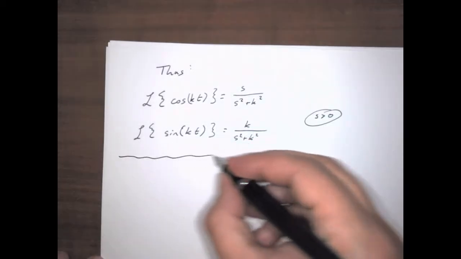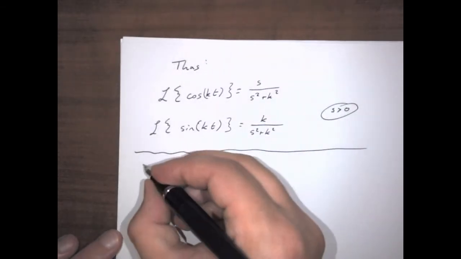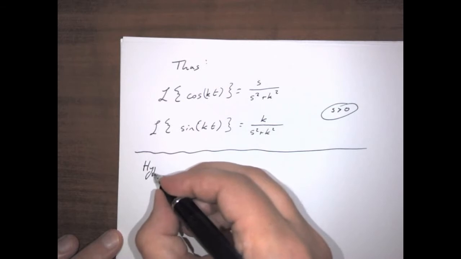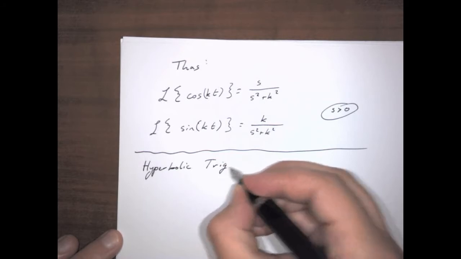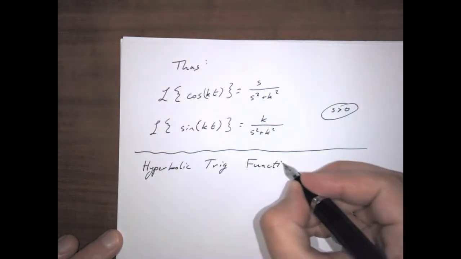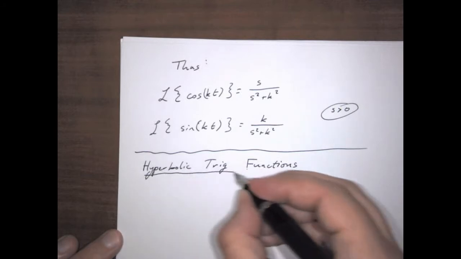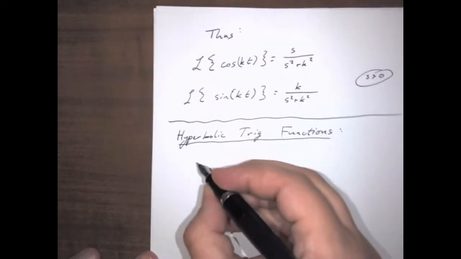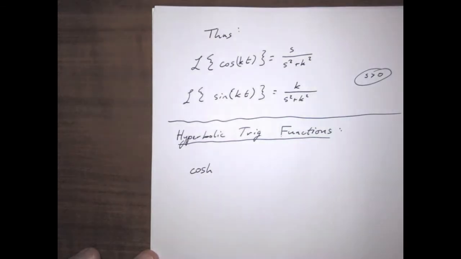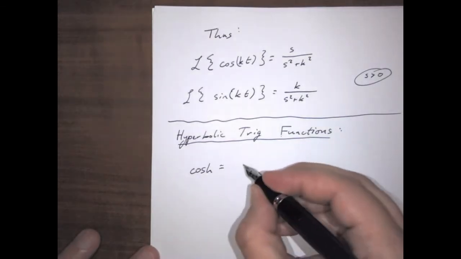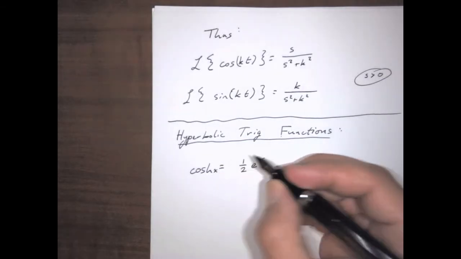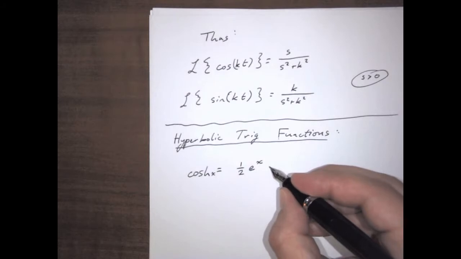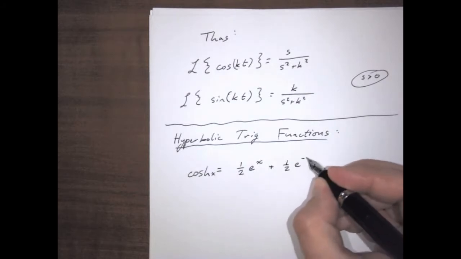Now, the next pair of functions that we're going to look at are what are called the hyperbolic trig functions. So we have cosh, which is the hyperbolic cosine function, and you can write it a bunch of different ways, but I'm going to write it as cosh x is equal to 1/2 e to the x plus 1/2 e to the negative x.